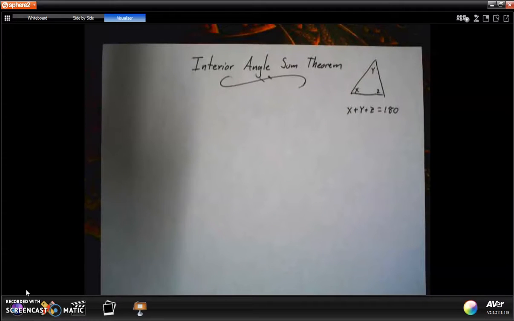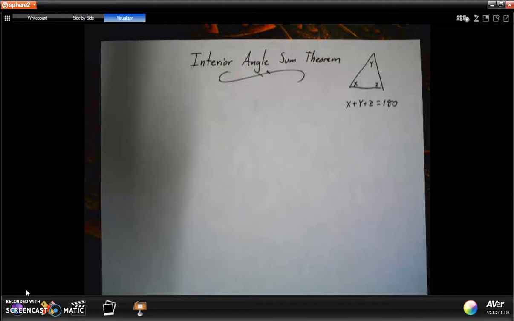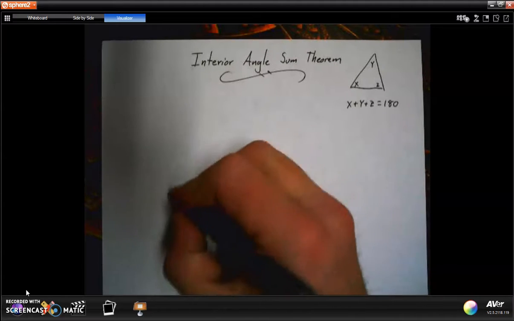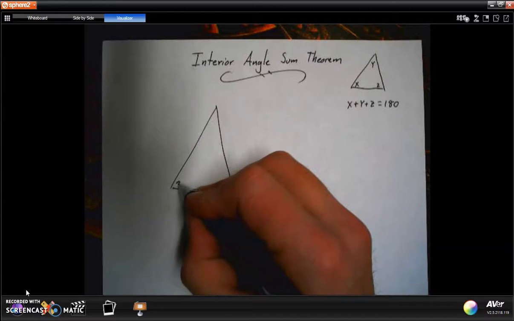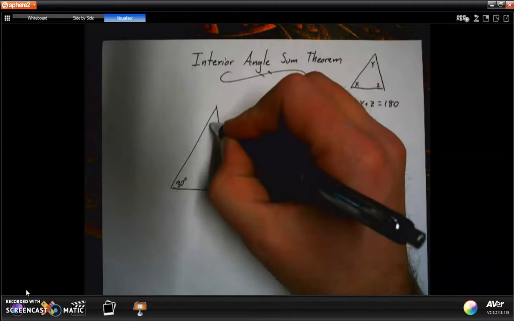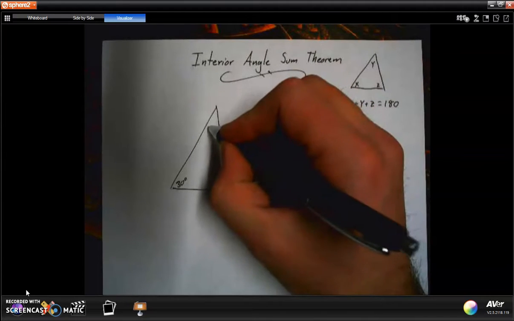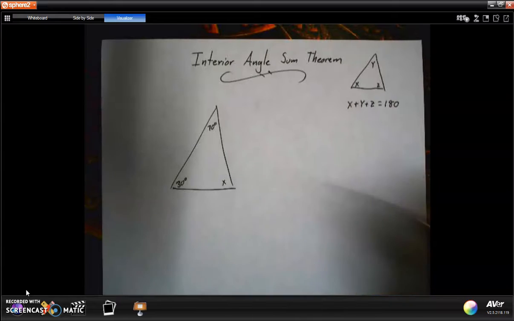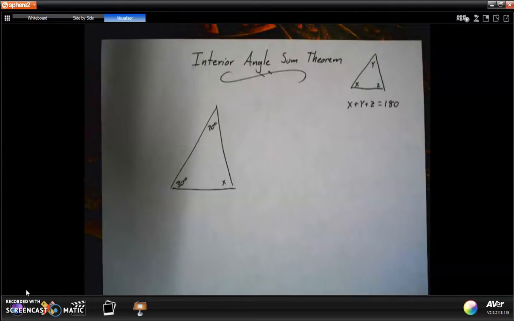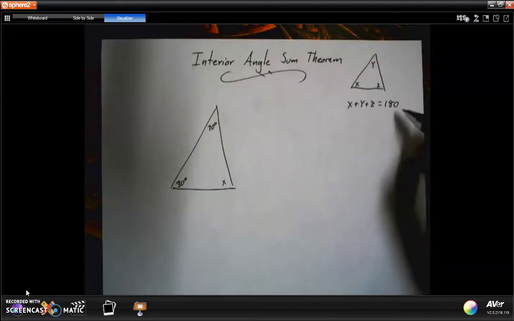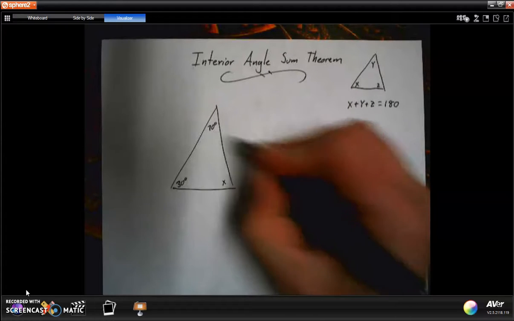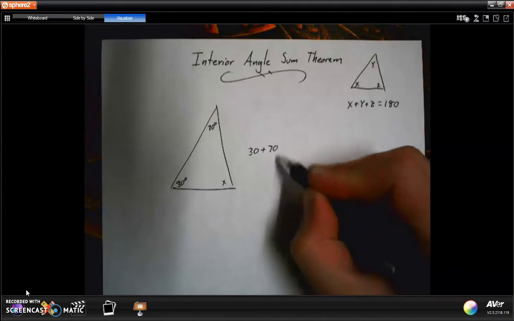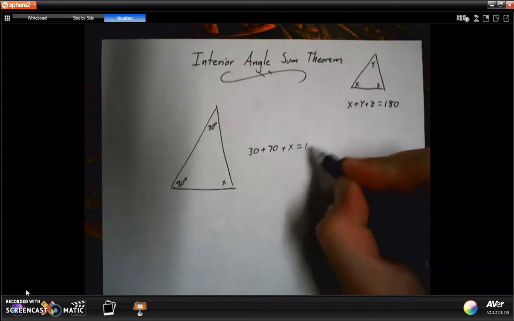So I need to teach you about this and how it works. Let me explain where it comes from. You have some triangle, and let's say this angle here is 30 degrees and this angle here is 70 degrees. Find the missing angle. Well, we know that the three angles add up to equal 180 degrees. So 30 plus 70 plus whatever angle that is has to equal 180.